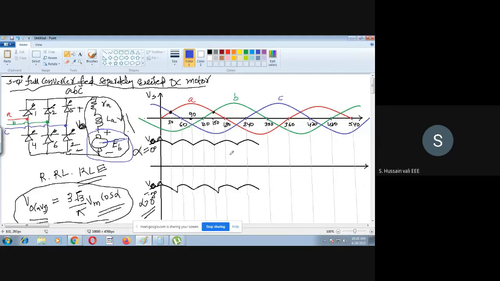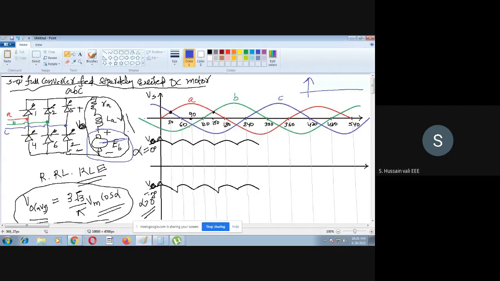Recall how we found this when the current is constant. Now look at the question. What has he given in the question? Somewhere he might have given that it is continuous, or some other data in the question.